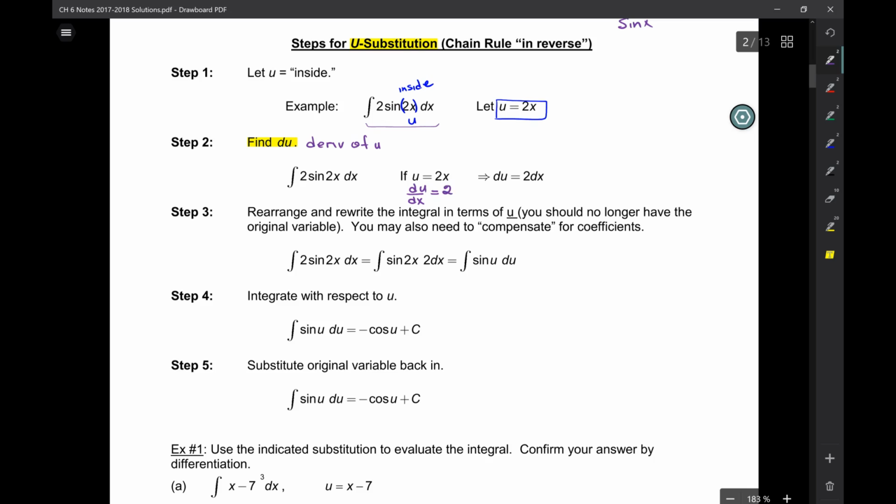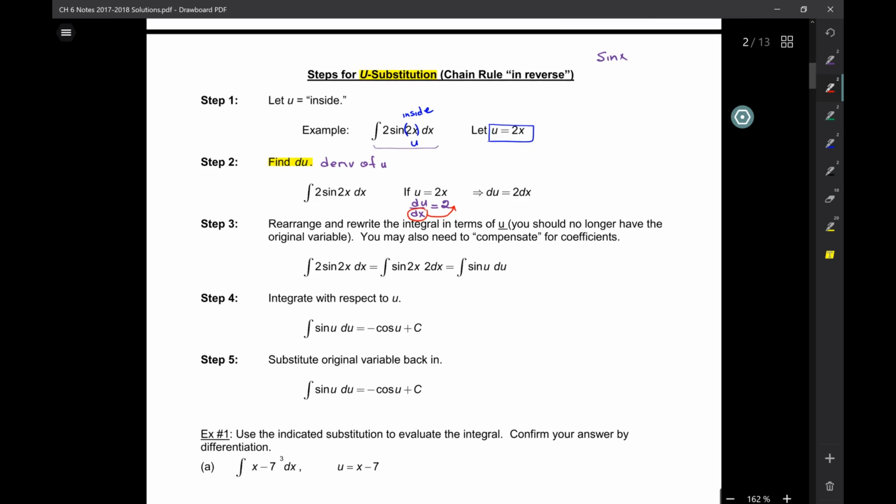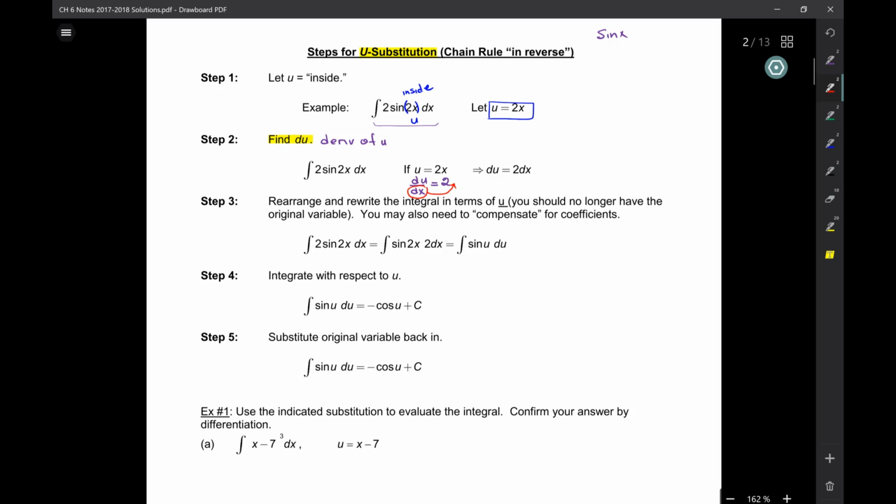Okay, now we have to write it in terms of du. So we sort of have to solve it for du. So I'm going to take this over to that side, multiply both sides by dx. Only in this case is it okay to do that. Okay? So now what we have is du equals 2 dx. Are we okay so far?